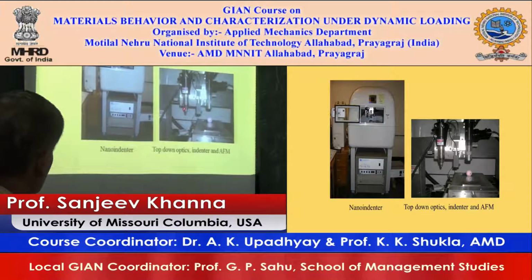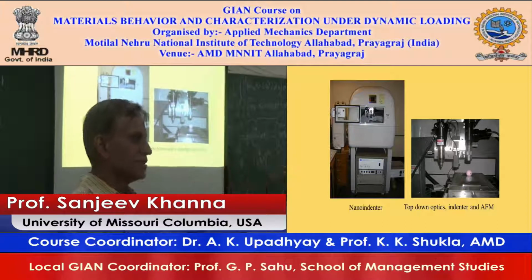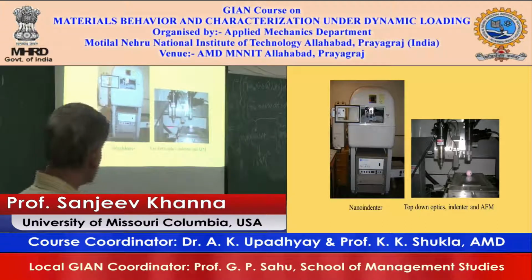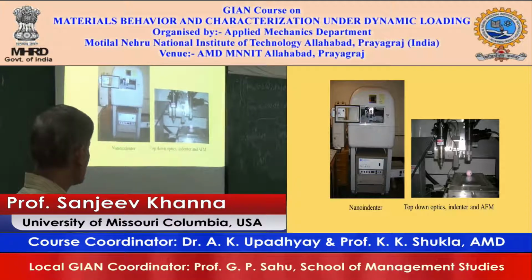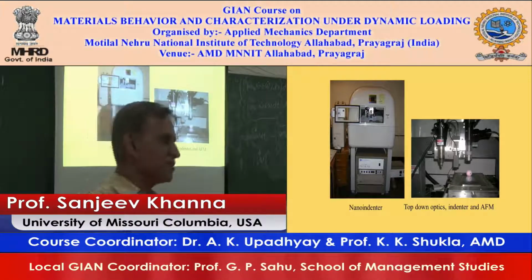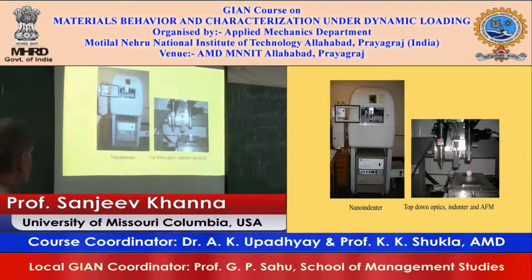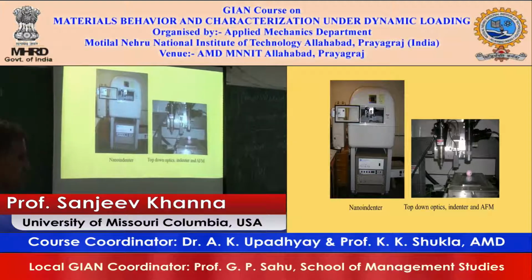And this is the atomic force microscope. They are all on one head, so they are all moving together. The atomic force microscope can be used to find the surface roughness, but you can also use the nano indenter tip to scan the surface roughness. We were doing both, but mostly we were using this because it is more accurate than the other one.